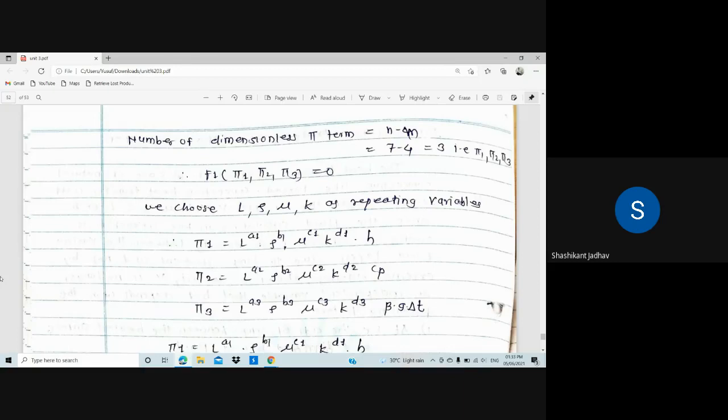So 7 minus 4 is equal to 3. That is, how many pi terms are there? 3 pi terms: pi 1, pi 2, pi 3.